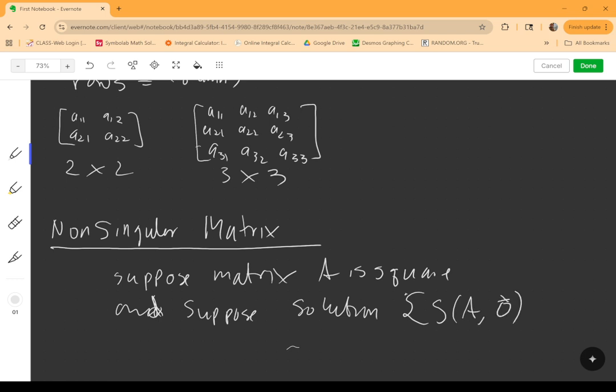If we think of A as the coefficient matrix, then the solution is only the zero vector.